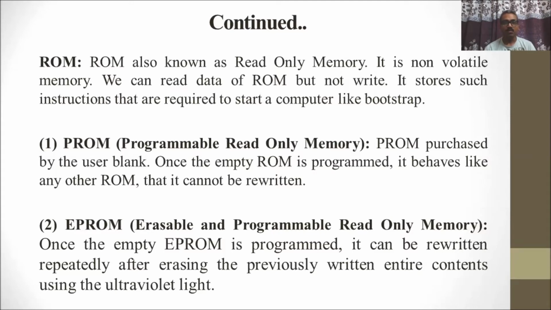And EPROM is erasable and programmable read-only memory. In EPROM we can write a program and rewrite it again, and if a program is already written, we erase that data with ultraviolet light.